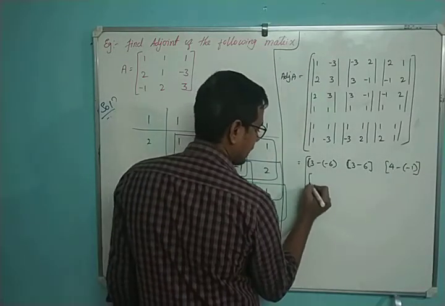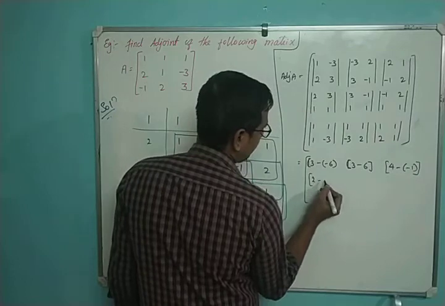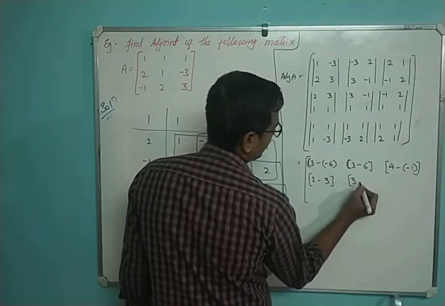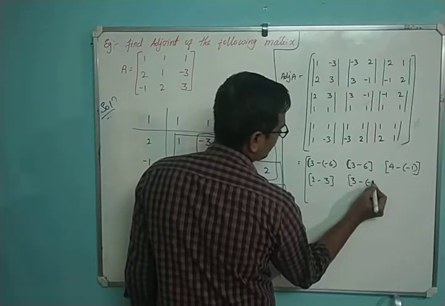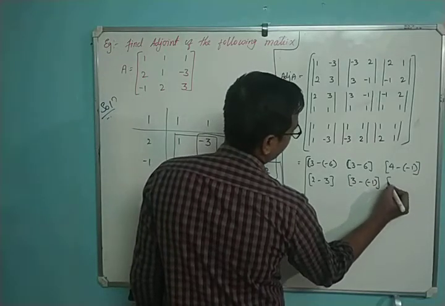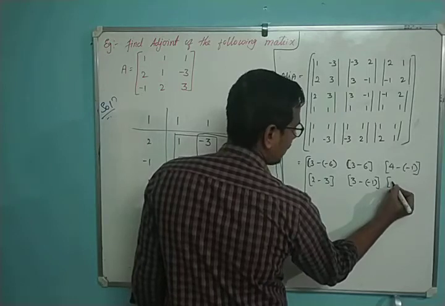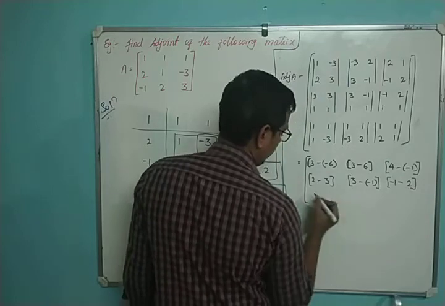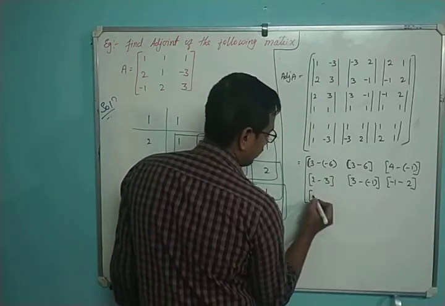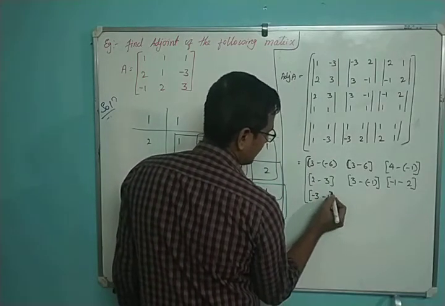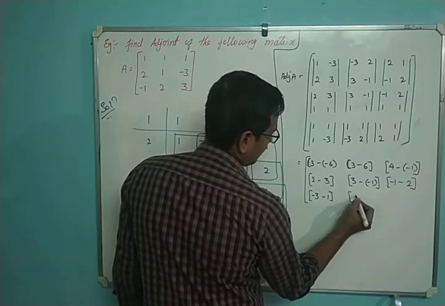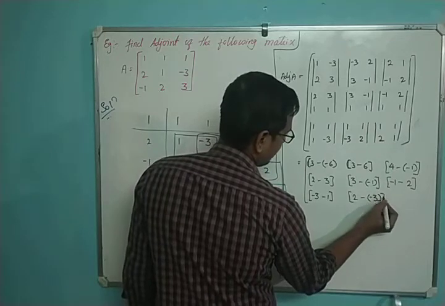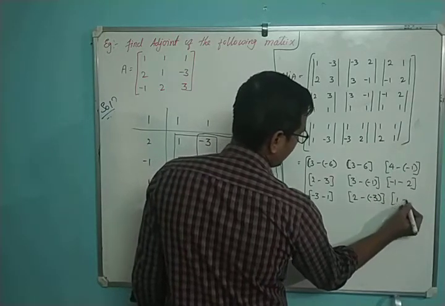And here 2 into 1 is 2, minus 3 into 1 is 3. And here 3 into 1 is 3, minus of 1 into minus 1 is minus 1. And here minus 1 into plus 1, minus 1, minus 1 into 2 is 2. And this part, 1 into minus 3, minus 3, minus 1. 1 into 2 is 2, minus of minus 3. And here 1 minus 2.